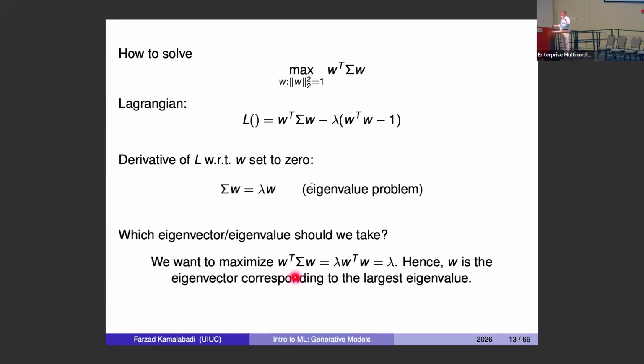And so I can move it outside of the matrix, so lambda times W transpose W, which, remember, by the constraint that we had right here, these are orthogonal and orthonormal, which means that this product is 1, so it's lambda. So the quantity that I need to maximize is the eigenvalue.